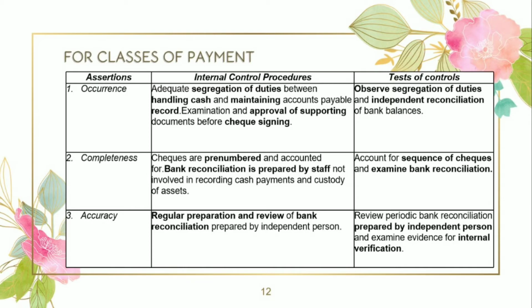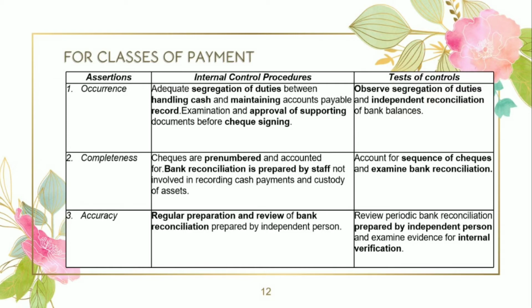The second is completeness. Checks are pre-numbered and accounted for, and the bank reconciliation is prepared by staff not involved in recording cash payments or custody of assets. The test is to account for the sequence of checks and examine the bank reconciliation. Accuracy requires regular preparation and review of the bank reconciliation by an independent person. The test is to review the periodic bank reconciliation prepared by the independent person and examine evidence of internal verification.